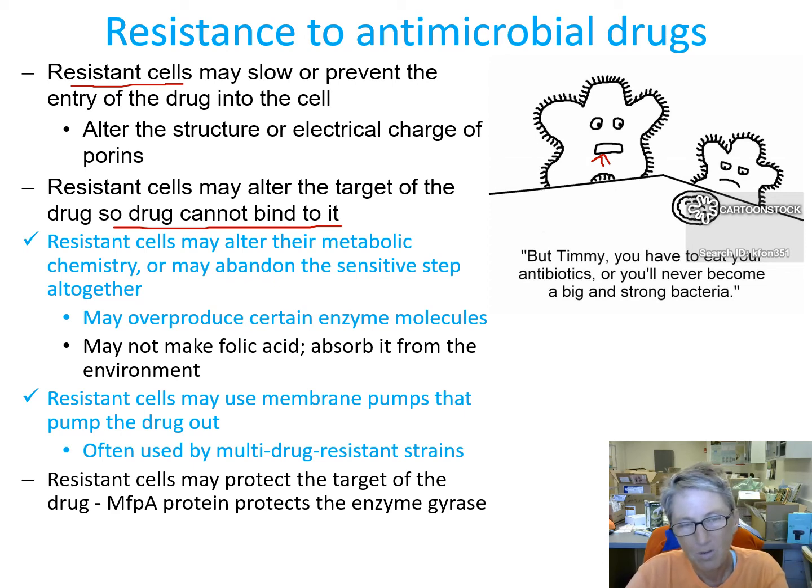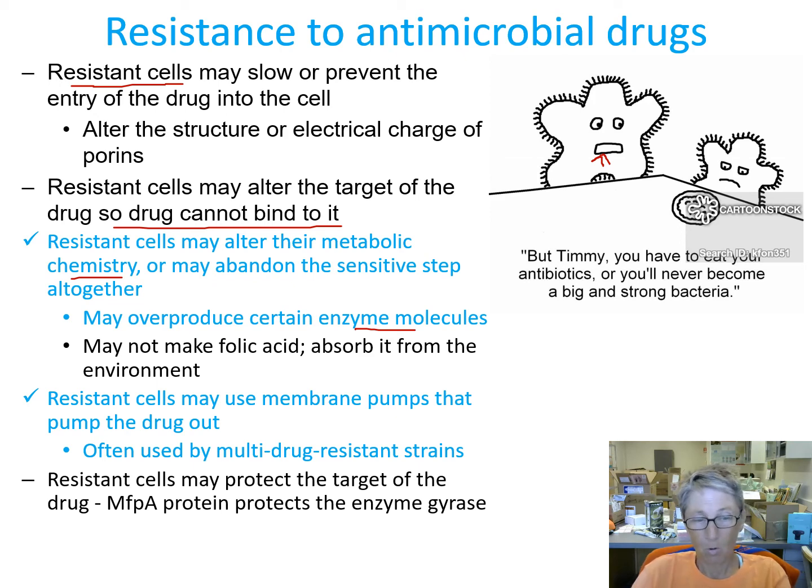If I'm a resistant cell, I could alter my metabolic chemistry that the drug is targeting. I could abandon the sensitive step in my metabolic chemistry that the drug is targeting altogether. I could overproduce certain enzyme molecules that inhibit the drug.